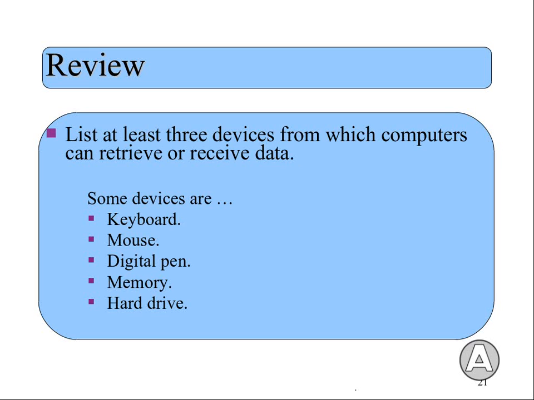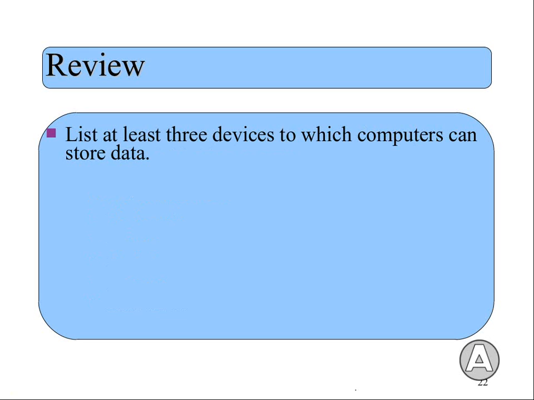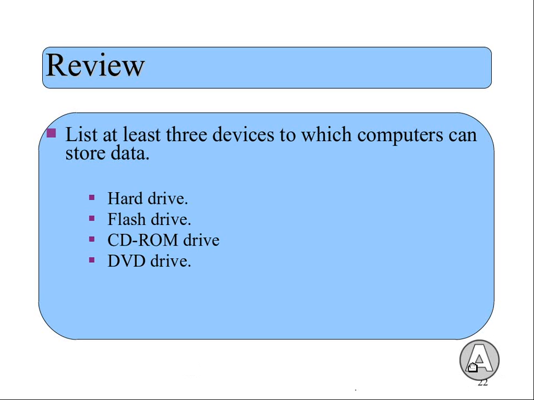Hard drives, all of those, any storage device is also an input device. Can you list at least 3 devices to which computers can store data? Storage devices might include things like hard drives, flash drives, CD-ROM drives, and DVD drives. And there are others as well.